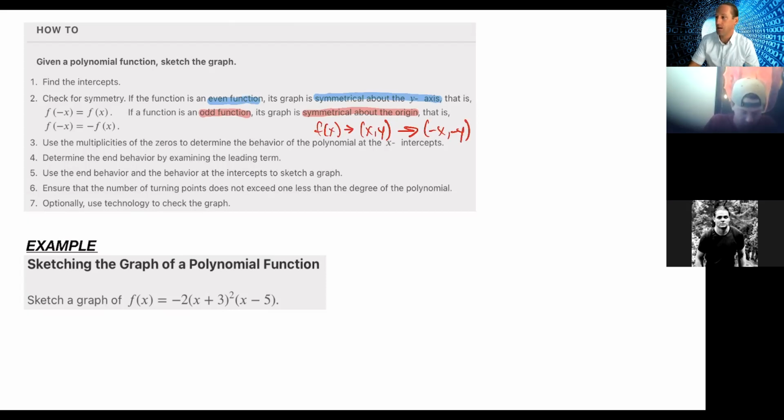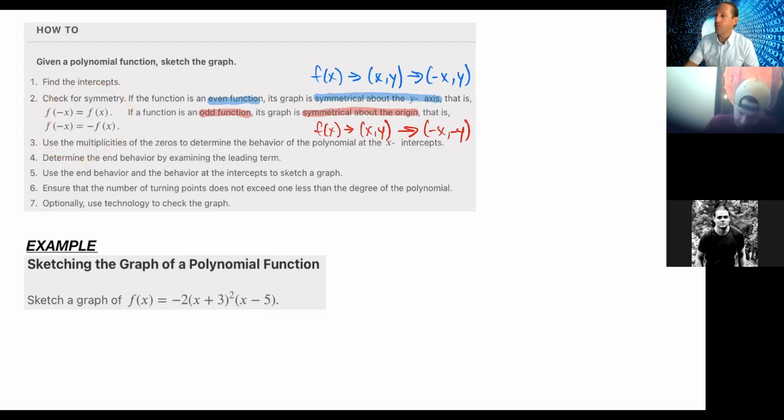That's what it meant to be around the origin. Okay, around the y-axis, our original function, we just put in some x, get out the y value. Well, then if we put in a negative x, we get out the same y value. And that's what this is saying.